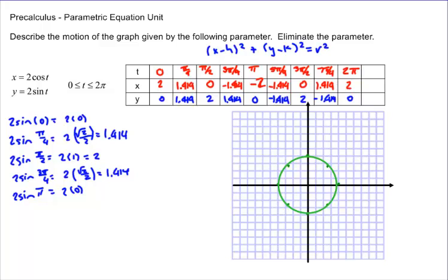So the radius of this circle is 2, so r squared is equal to 4. And the h and the k are where you're centered, which in this case is just the origin. It's 0 and 0. So I'm going to have x squared plus y squared equals 4. And that's eliminating the parameter.